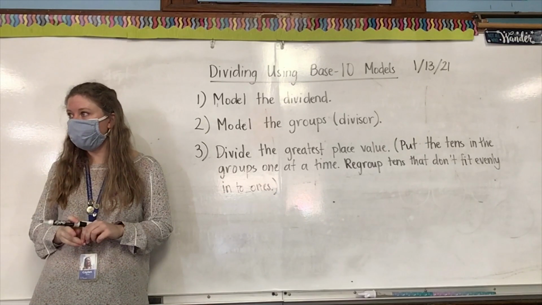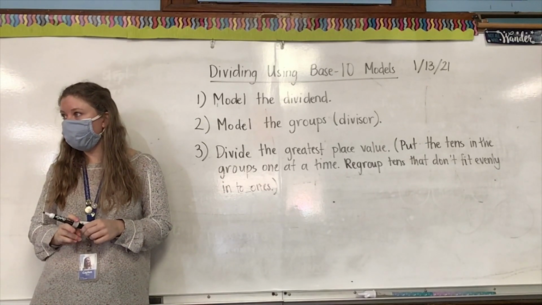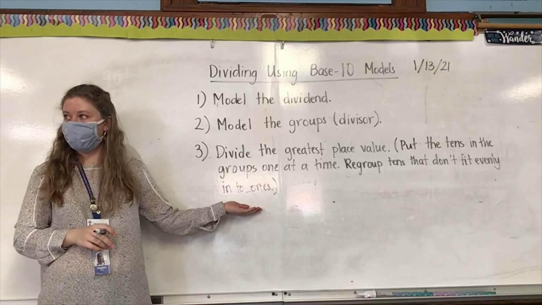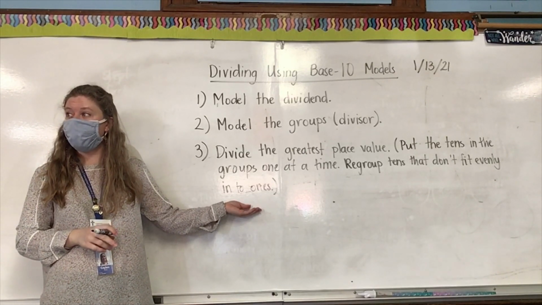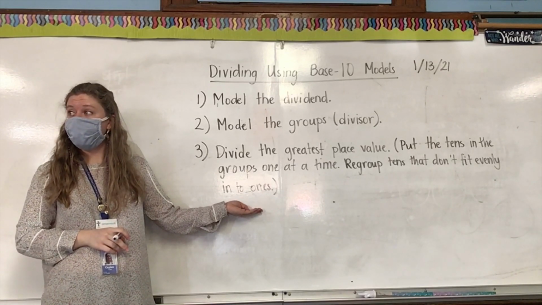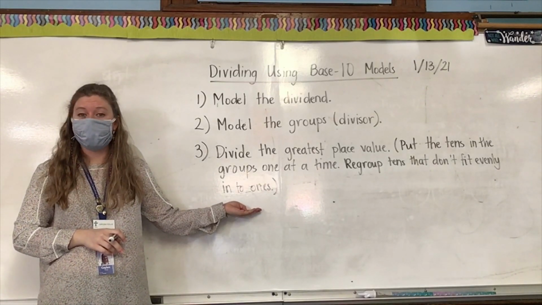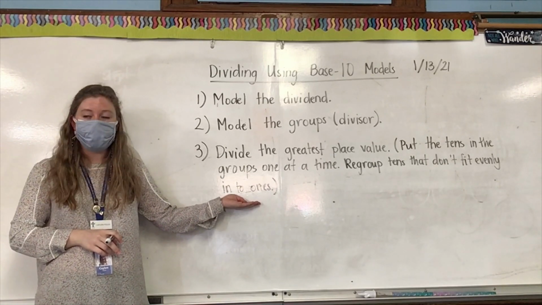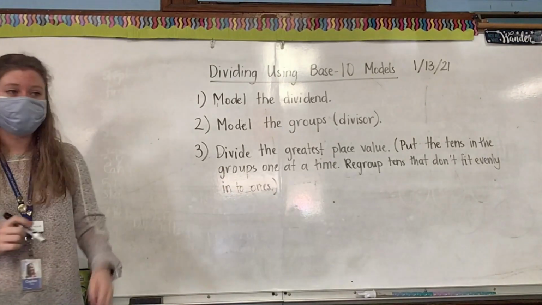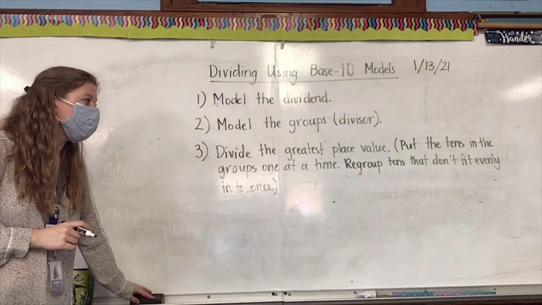What is it? We need to divide the ones. I asked if there's anything else we need to do to finish dividing the greatest place value. Does dividing the ones help us divide the greatest place value? Does it? So is there anything left that we have to do as part of step 3? No. Please listen to the question that I'm asking. That means we're ready to move on to step 4.